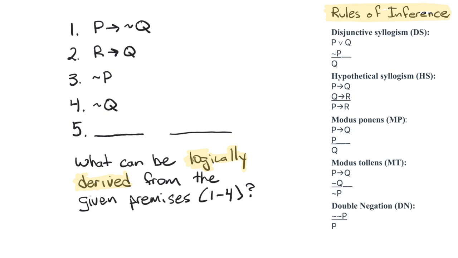Well, you'll notice that the hypothetical syllogism works like a chain. You'll notice that the Q here is that middle link connecting P to Q and then Q to R. And so that Q is going to connect like a little chain.